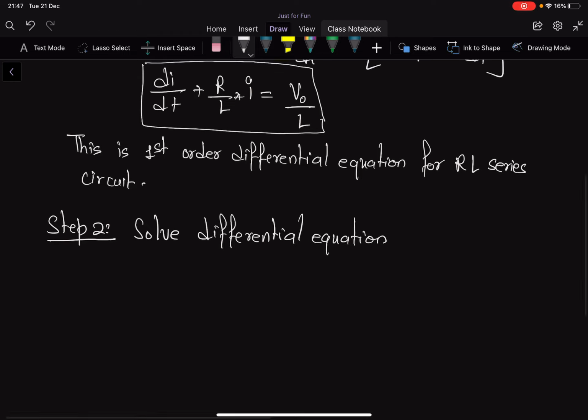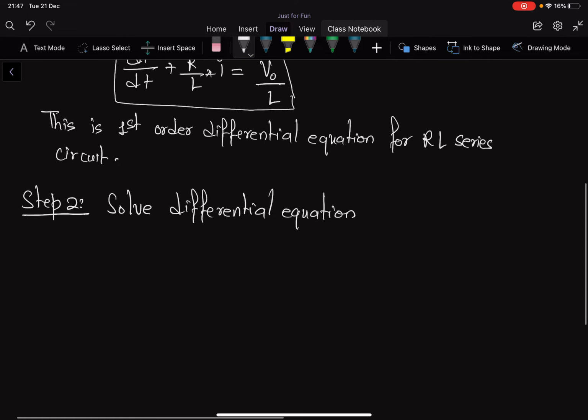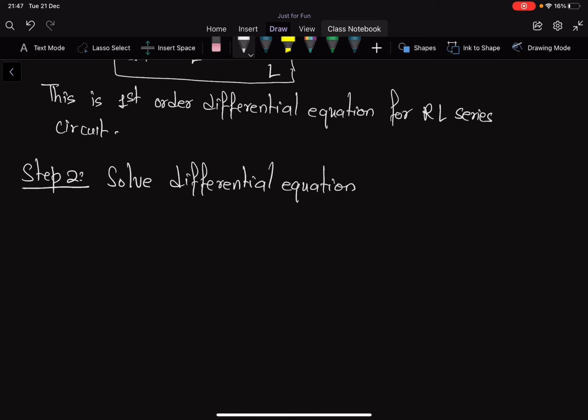You can use the classical method, you can use the power series method, but to make our life easy and things easier mathematically, we're going to use the Laplace transform, because it is quite handy and easy to use whenever solving a differential equation. So to solve the differential equation, we're going to use LT. LT stands for Laplace transform.